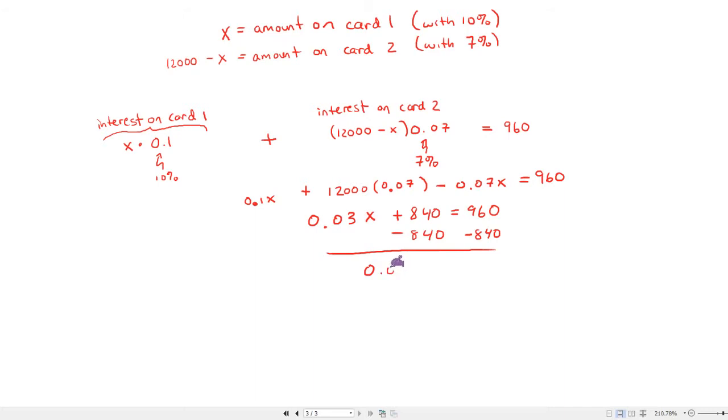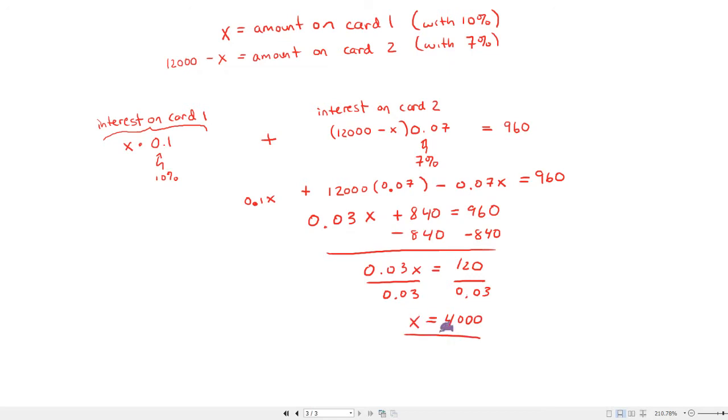And so we'll have 0.03x is equal to, so what will this be? 120. And then divide both sides by 0.03. So we have x is equal to 4,000.